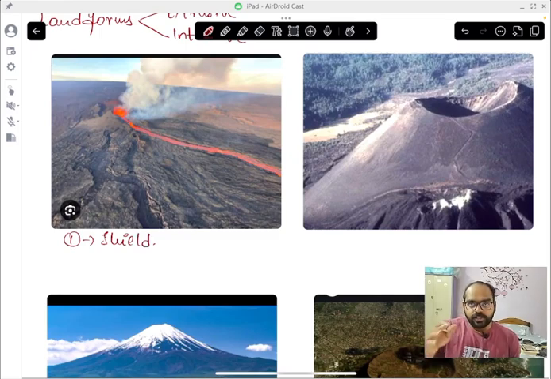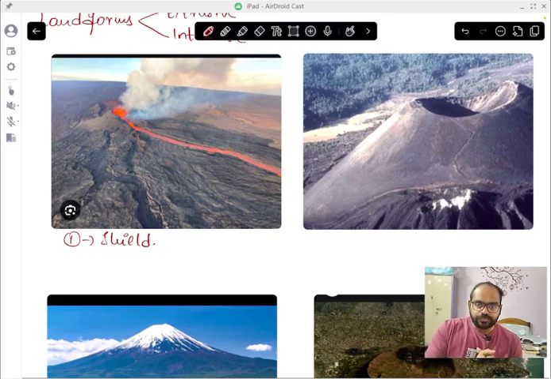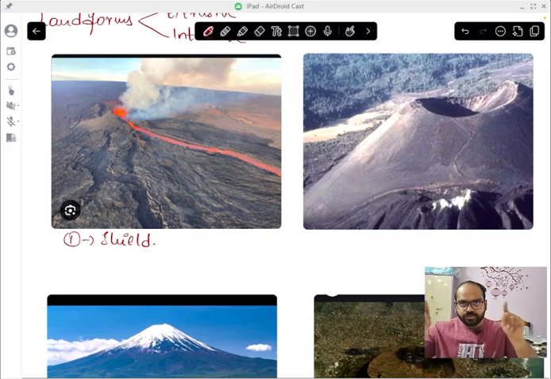As we learned earlier, shield volcanoes are larger. One of the largest volcanoes in the world are shield volcanoes. Why shield? We have learned just previously that basalt or basic lava is very fluid in nature, and once it comes in contact with the ground, it flows for larger distances and forms a dome shaped volcano.